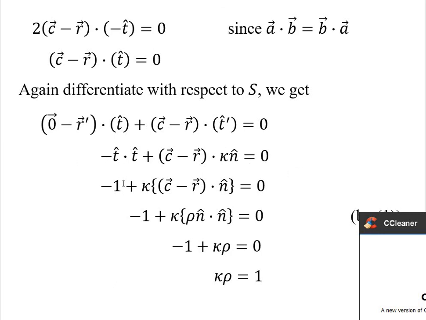T dot T value is 1, so minus 1 plus kappa times (C vector minus R vector) dot n cap, where kappa is constant and taken outside. Now from the equation of the oscillating plane, C minus R vector equals rho times n cap. Rho is constant, so we take it outside: minus 1 plus kappa rho, and n dot n value is 1. Therefore kappa rho equals 1.